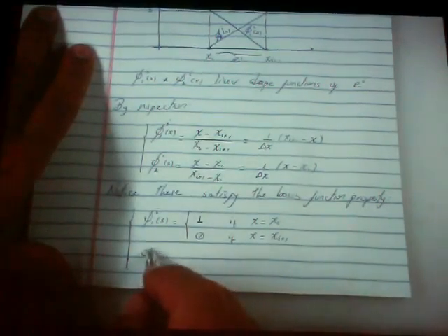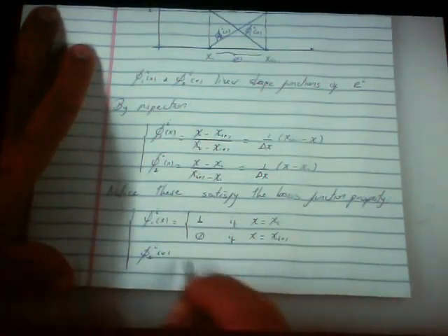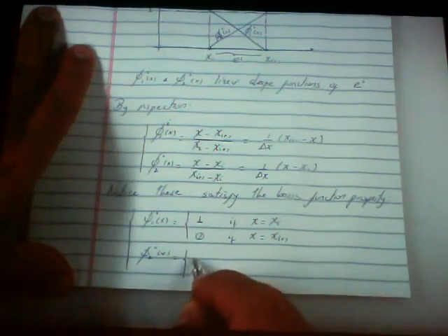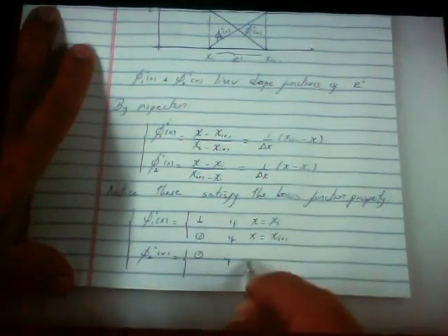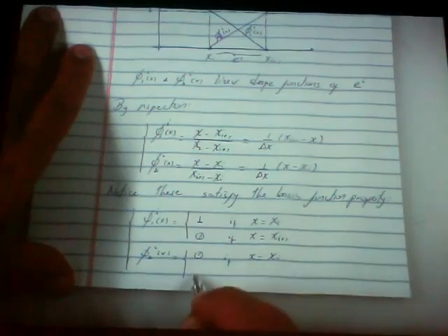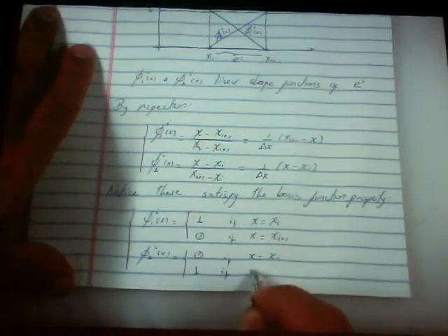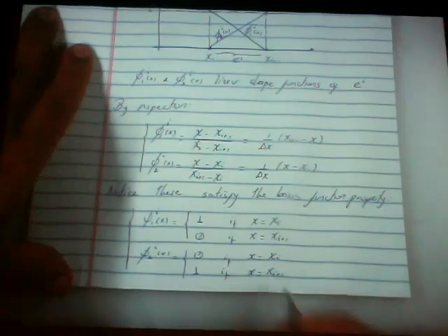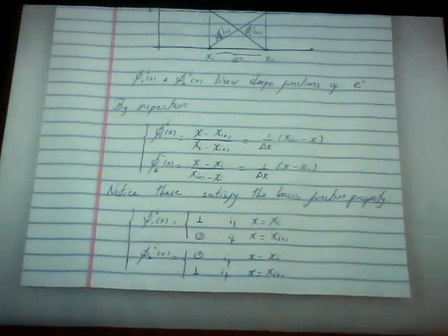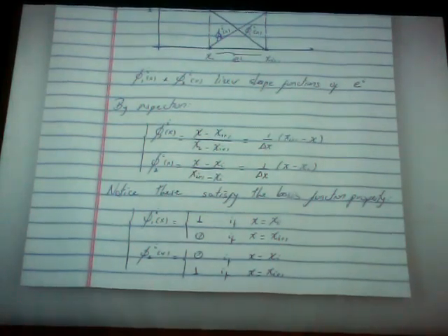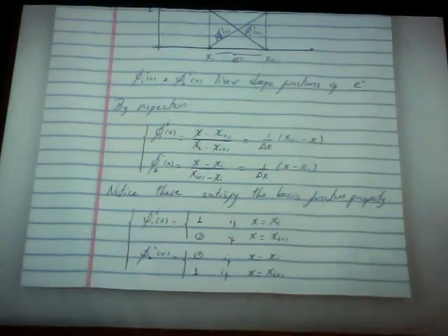Well, phi2 of I is equal to 0 if x is equal to xi, and 1 if x is equal to xi plus 1. So we're basically linearly interpolating the temperature within the two nodes.